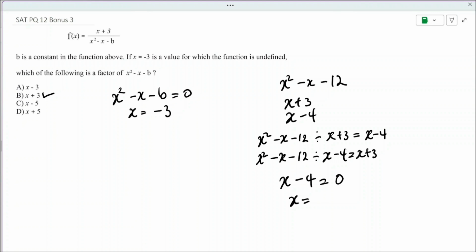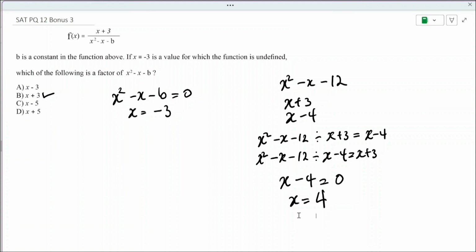That's standard in math. You can also say -4 crosses the equals sign and turns to +4. So x is +4. If you take this value for x, which was gotten by equating this factor to 0, and insert it into this expression, it will result in 0. That's also a way of identifying a factor under polynomials.